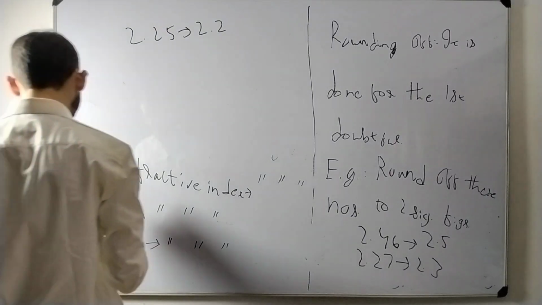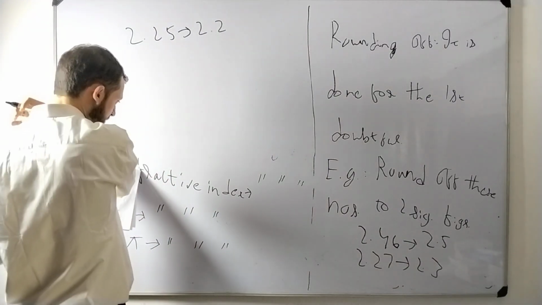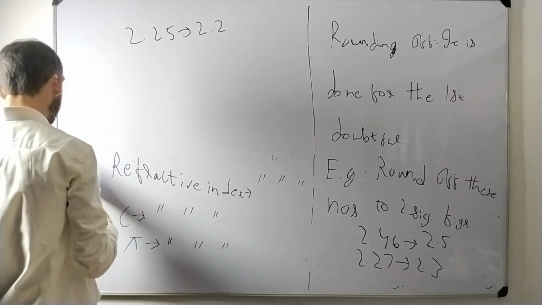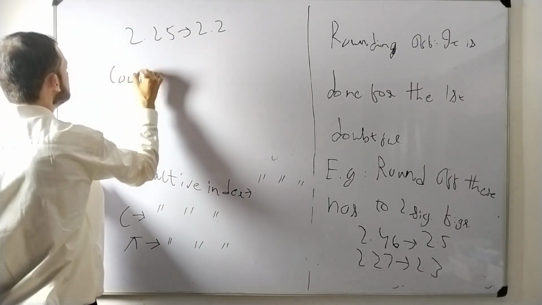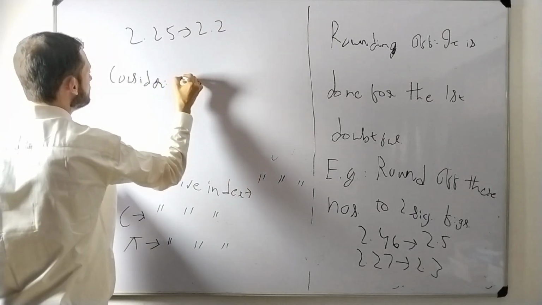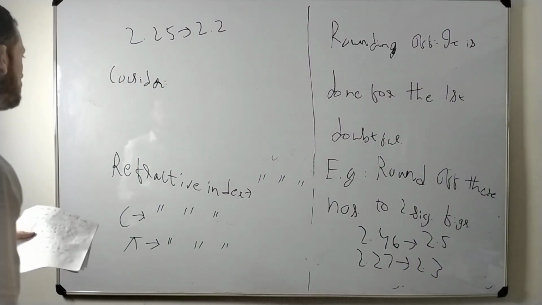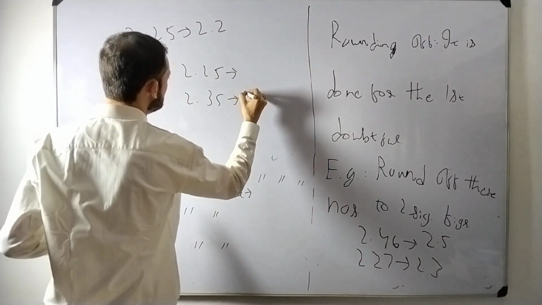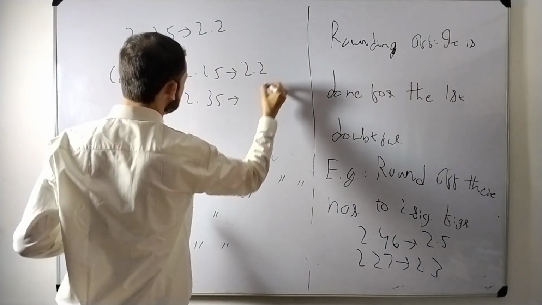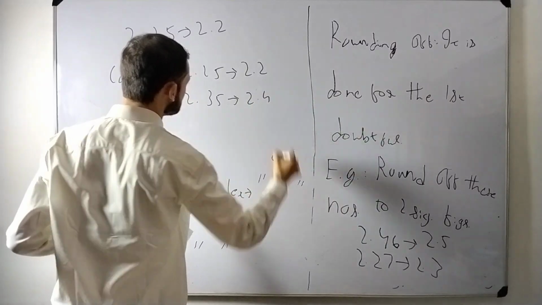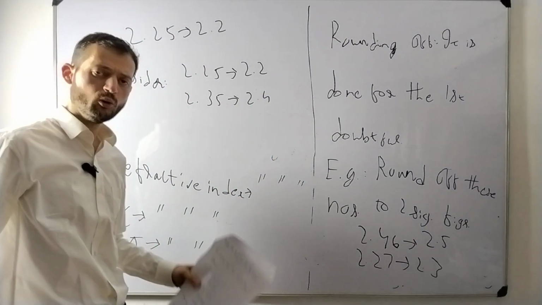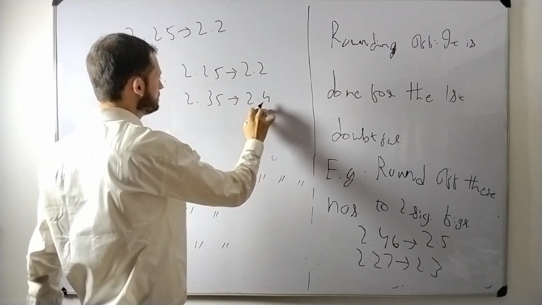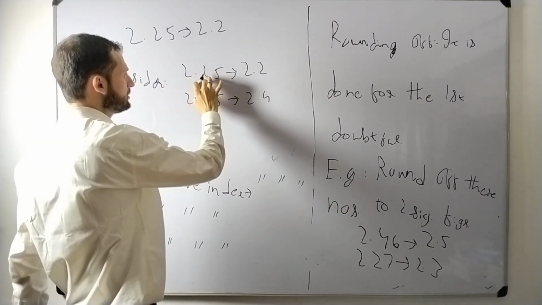Okay, now let me explain how this is happening. Consider 2.25 and 2.35, then this becomes 2.2 and this becomes 2.4. So how does this remain 2.2 and this become 2.4?